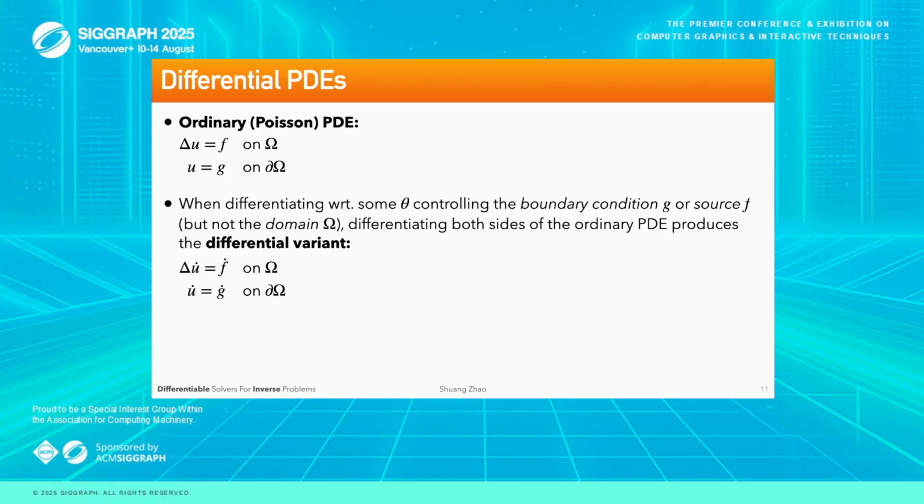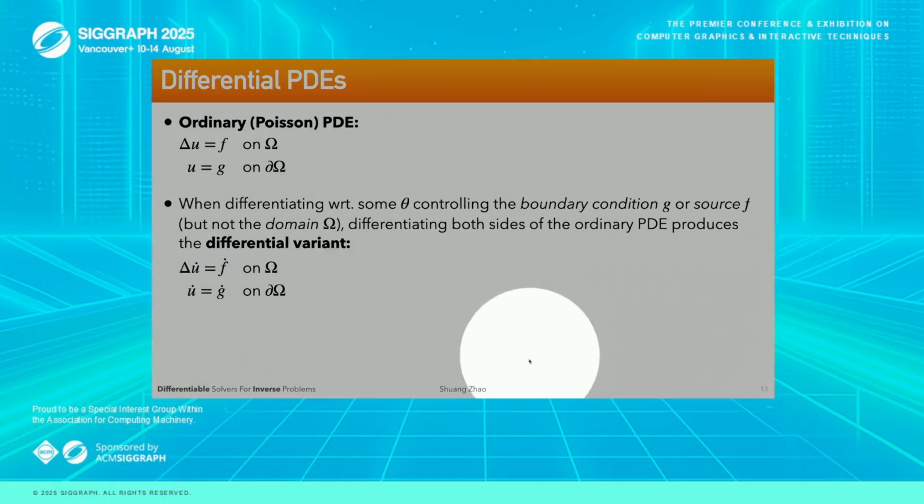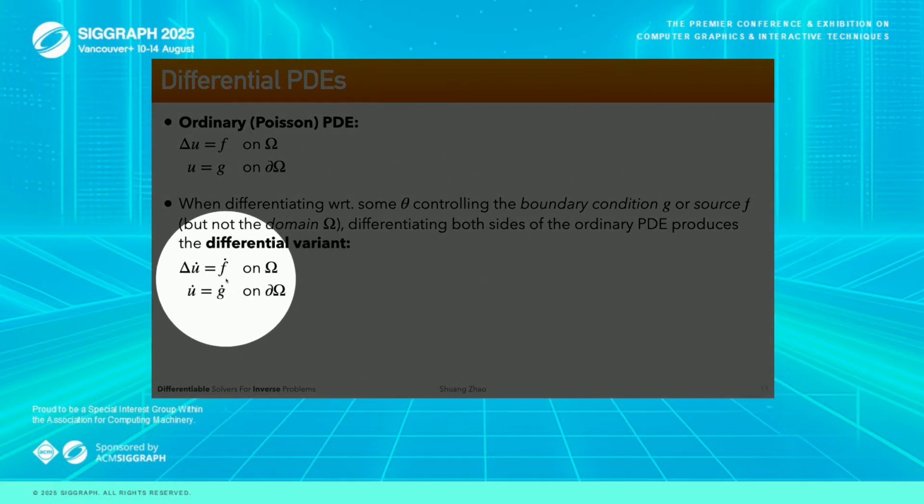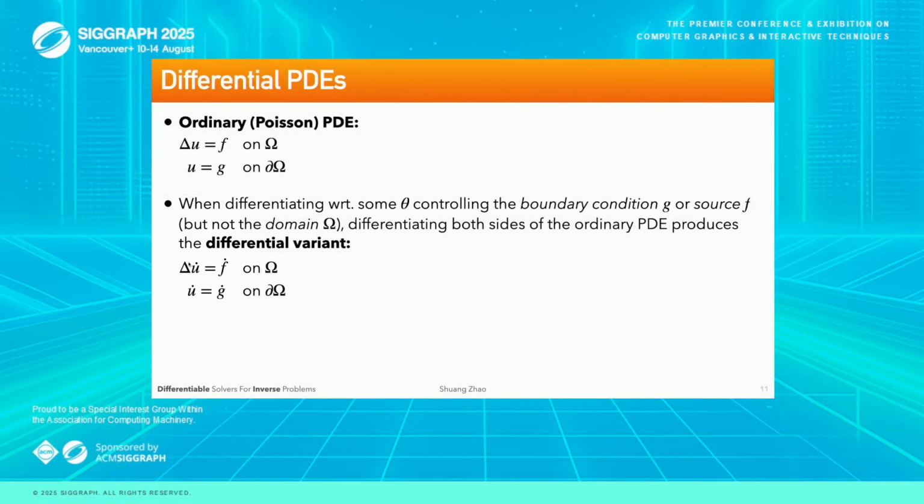So we get essentially another PDE, which we call a differential PDE, right? Where this u dot basically means the derivative of u. That's what we want to solve for. We basically get another pretty much Poisson's equation. And in this case, as long as we can efficiently differentiate the source function as well as the boundary condition function, very good.